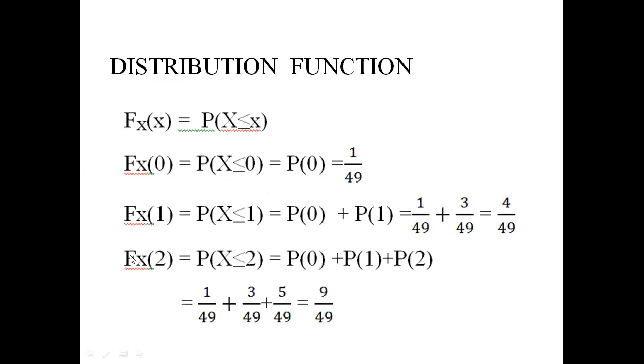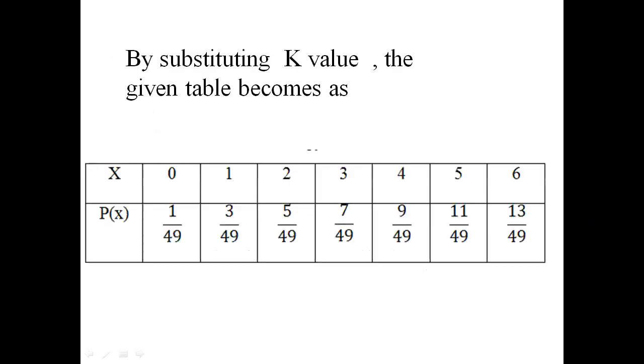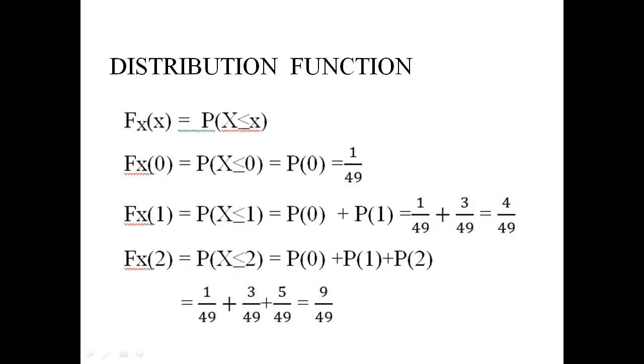The distribution function at 2, that is equal to P of x less than or equal to 2. For satisfying this condition, we are getting P of 0 plus P of 1 plus P of 2. So by substituting the corresponding probabilities, 1 by 49 plus 3 by 49 plus 5 by 49, totally we are getting 9 by 49.